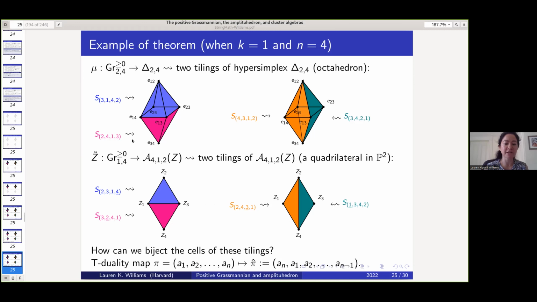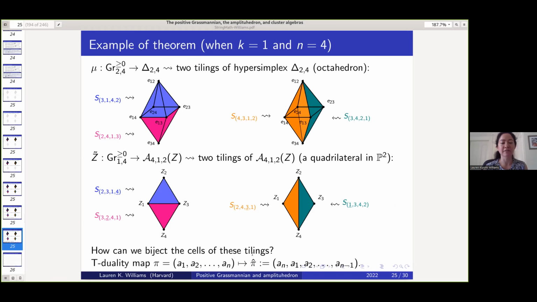And if you stare at the permutations, you'll see that they're kind of related by a cyclic shift. So 3, 1, 4, 2, if we wrap around the numbers and start with a 2 instead, we get 2, 3, 1, 4. And this is the T-duality map on permutations, giving a map on cells.